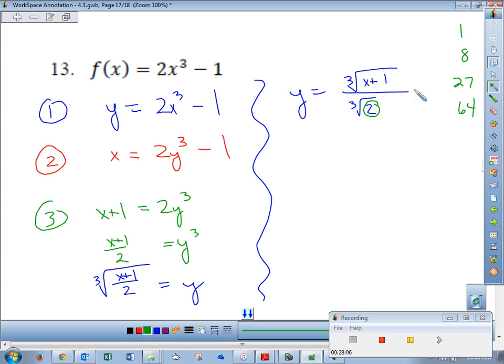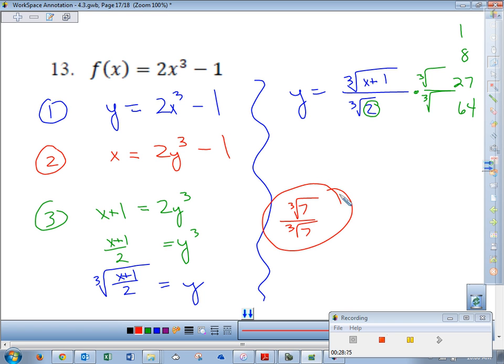So what I want to do is set it up as a cube root of something over a cube root of something, rationalizing the denominator. I don't know what the number I'm going to put under there is yet, but I know I got to make this number 1. For example, cube root of 7 over cube root of 7. Isn't this really the number 1 right here? It's the same thing on top of itself. You with me? They divide out to be 1. You can multiply radicals together.